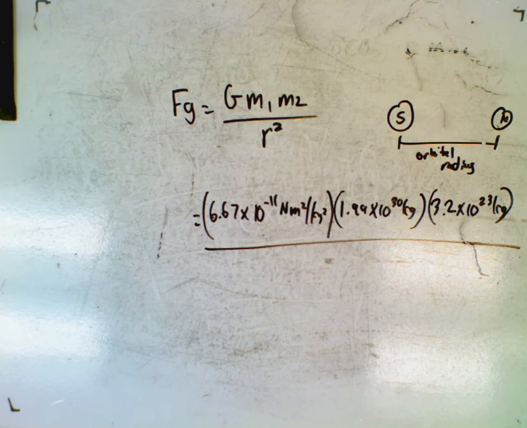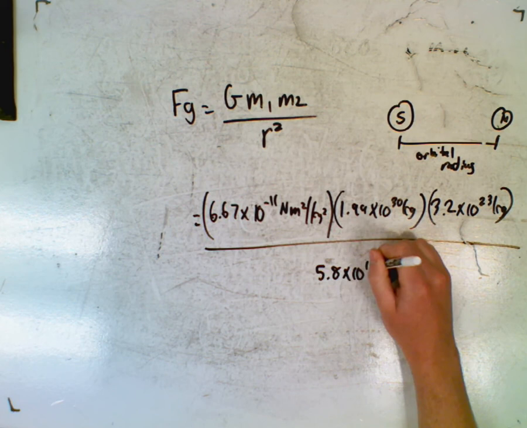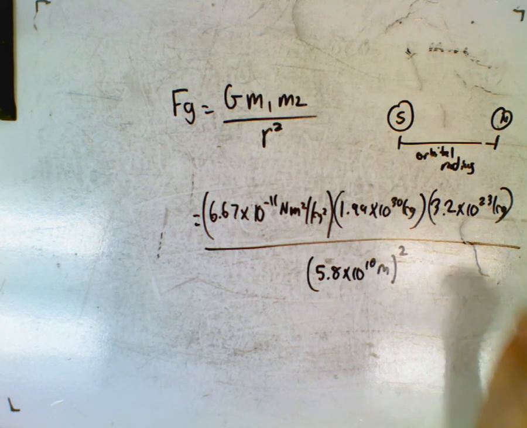Then we need the orbital radius in between them. So we want the orbital radius of Mercury, because it always measures from the sun, except for the moon, which measures from the Earth, because the moon orbits the Earth. So Mercury to the sun is 5.8 times 10 to the 10 meters, squared.